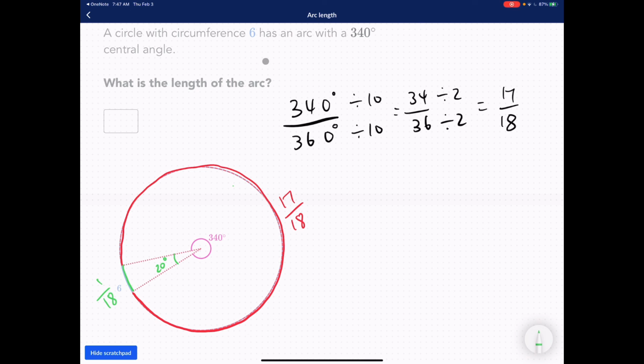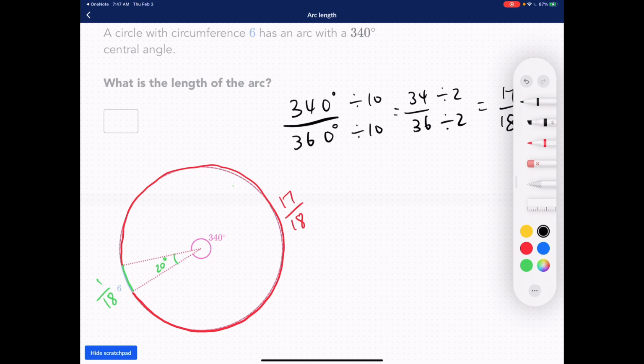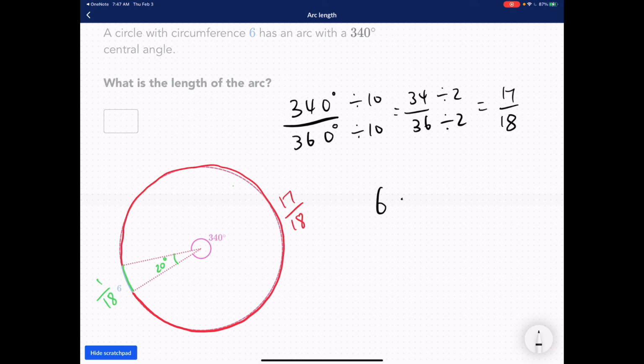I get 6, which is the entire circumference. So I do 6 times 17/18, right? Because we want to find 17/18 of 6. So what is 17/18 of 6?